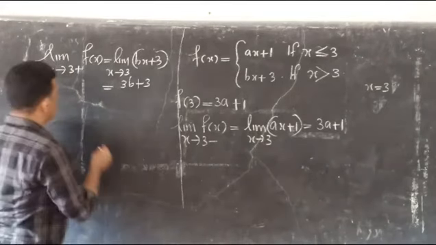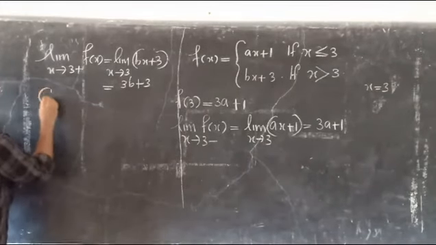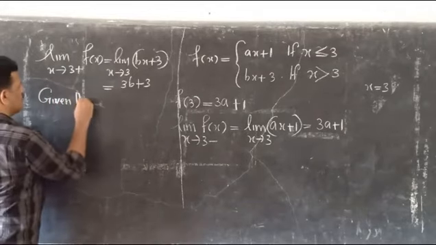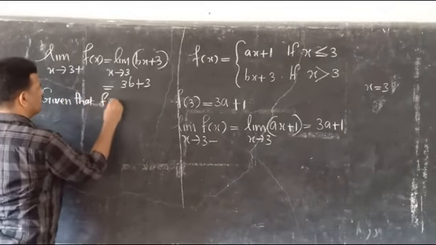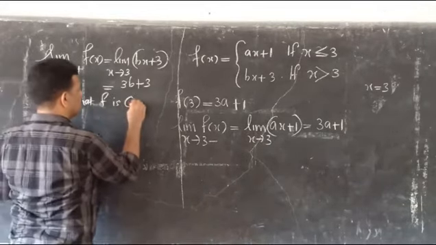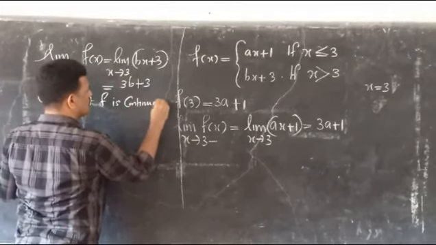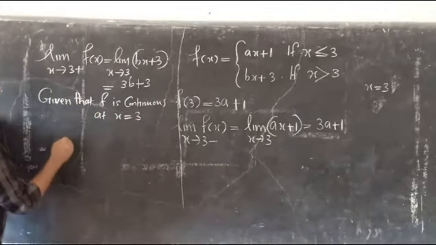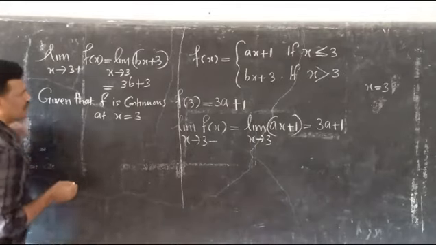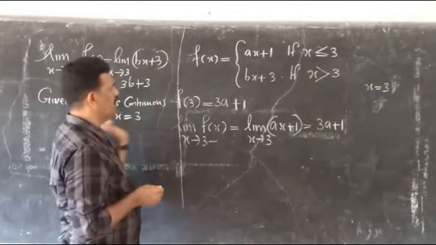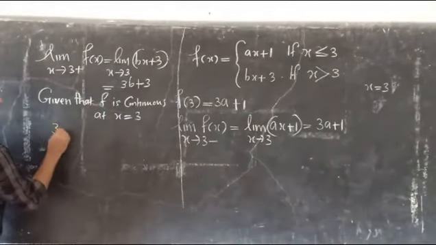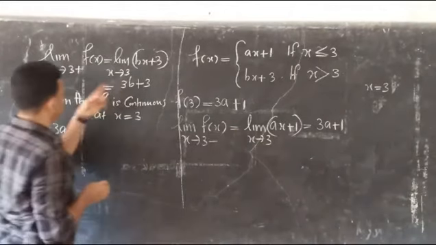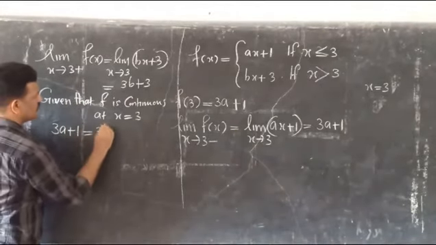Here, given that the function is continuous at x equal to 3. That implies left limit equal to right limit equal to value. That means 3a plus 1 is equal to 3b plus 3.